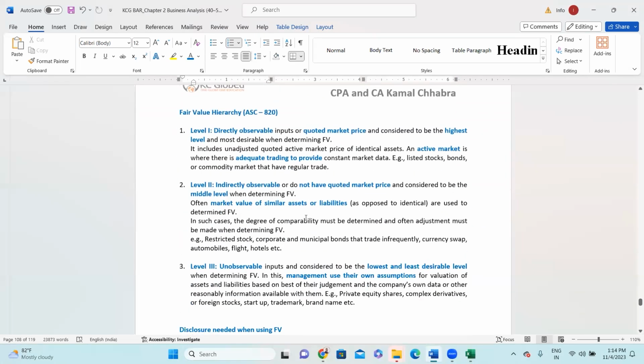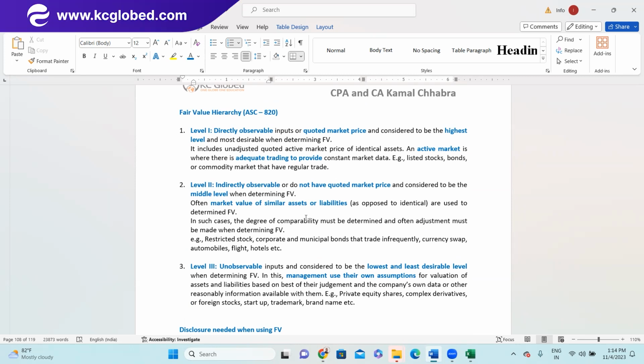So fair value hierarchy is basically when you do the fair valuation of any particular asset. You need to look at it in this logical flow. For example, if you're doing fair valuation of an investment, right? Whether those investments are listed on a stock exchange.